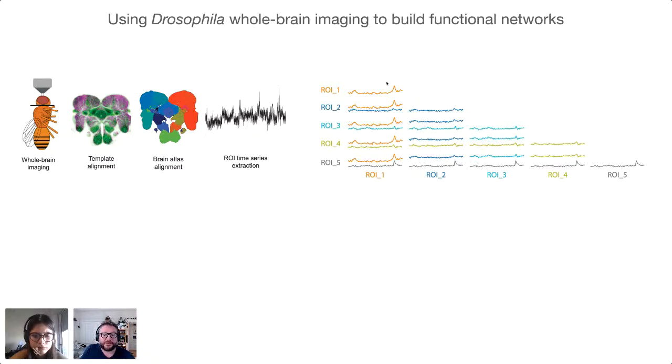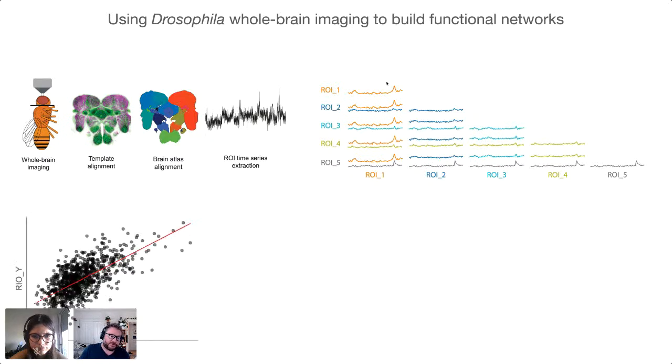Then for each ROI comparison, I'm going to do a time series correlation, and that looks something like this. If you plot the time series data in one region against the data in another region, we call them functionally connected if there's a reasonable correlation between these two regions.